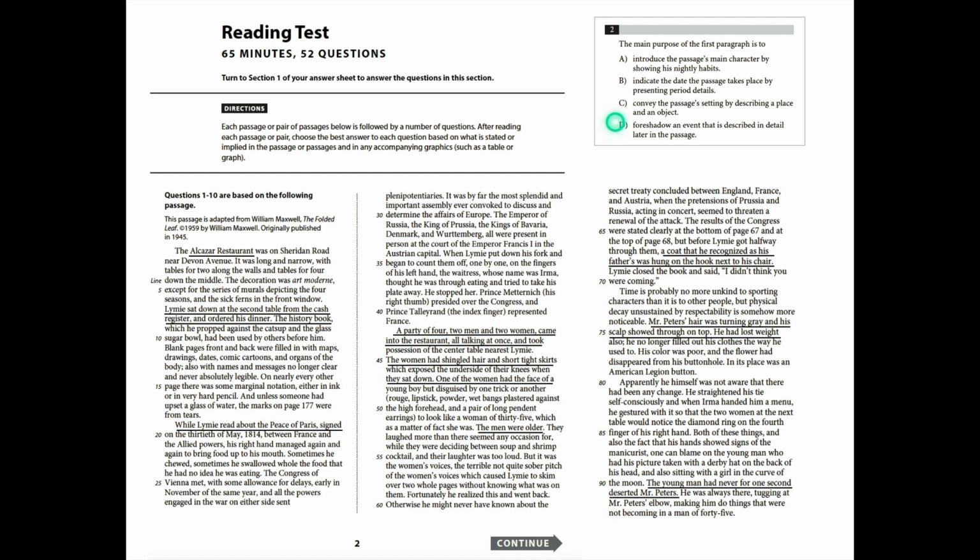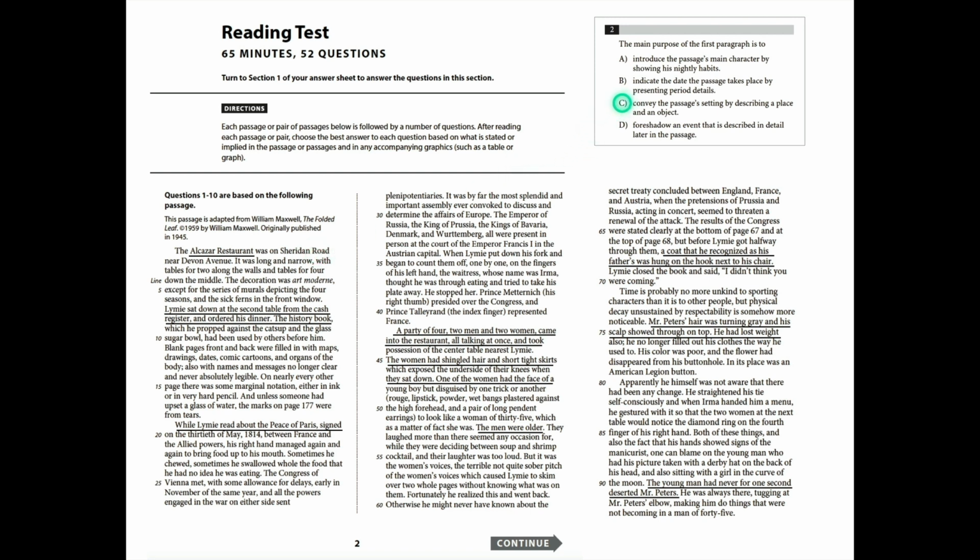No, that's not the case. The correct answer, C, once again, as you can see, just restates something that is occurring in the passage, the description of the restaurant and the description of the history book. That's all there is. Answer C is the correct answer.